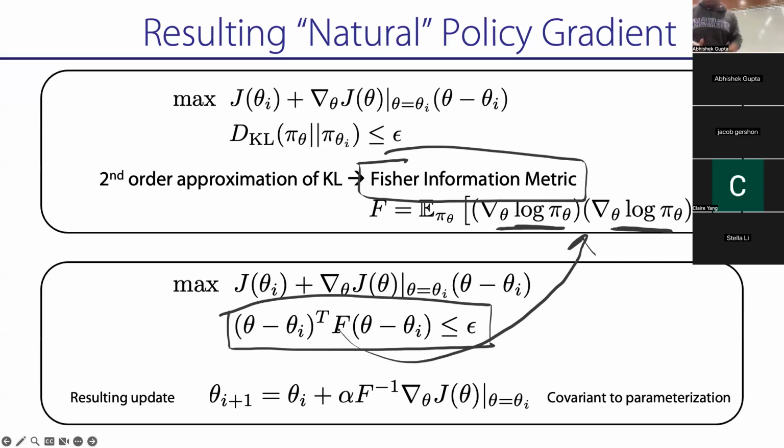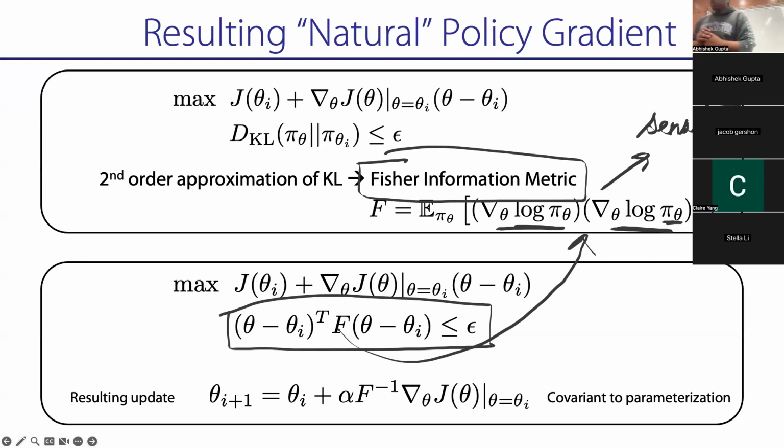You can think of this as your sensitivity: how sensitive is pi theta to changes in the parameters. And the reason you weight by the inverse of this is that you want to weight things by how sensitive they are to the policy changing, not by their scales.